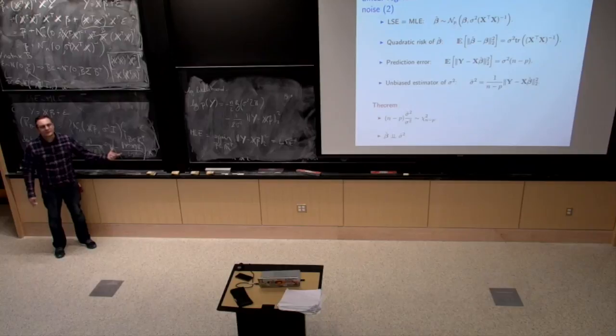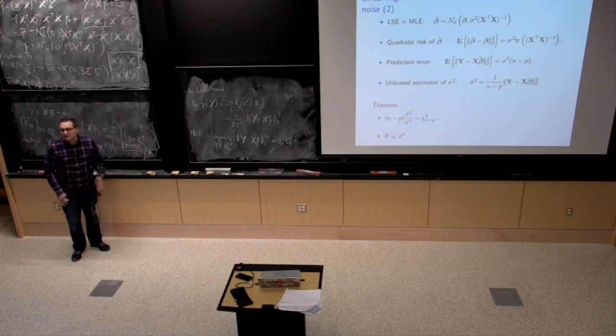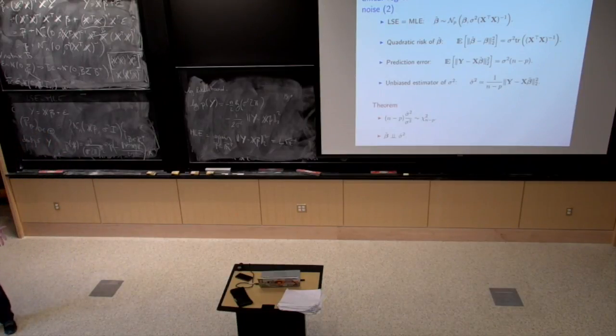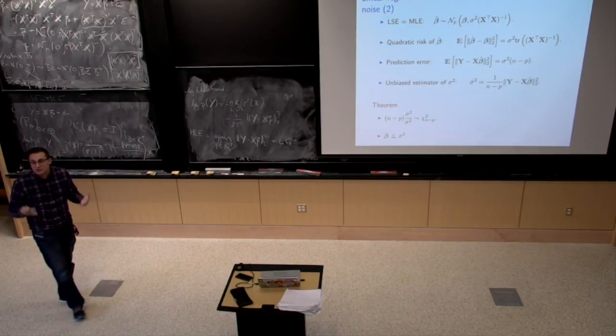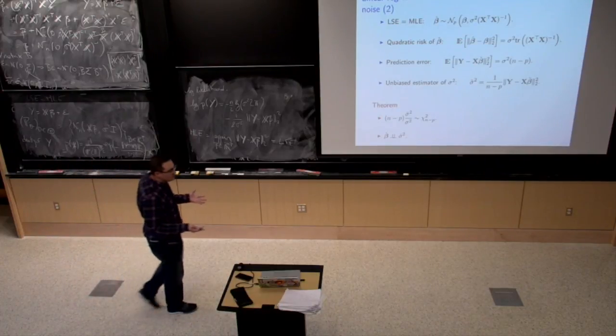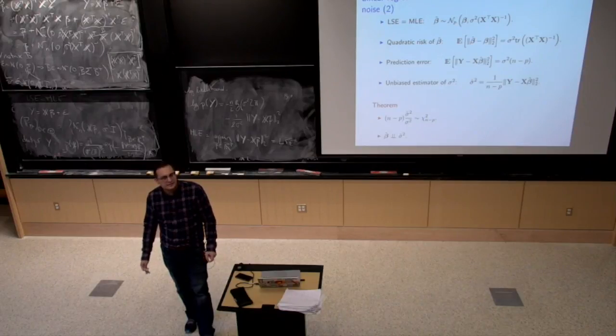This is really idiosyncratic to Gaussians. If I had something else, I would have maybe a different norm here, or something different that measures the difference between y and x beta. And that's how you come up with other maximum likelihood estimators that lead to other estimators that are not the least squares, maybe the least absolute deviation, for example, or least fourth moment, for example, that you suggested last time.